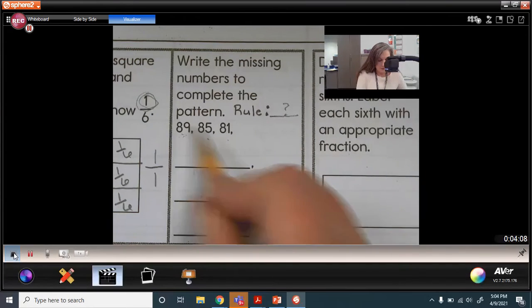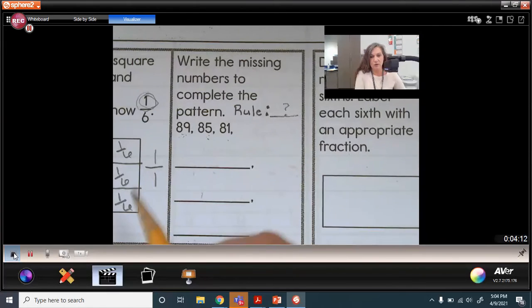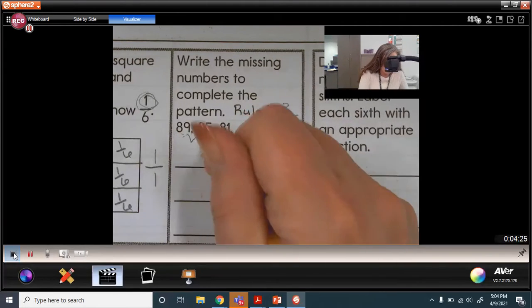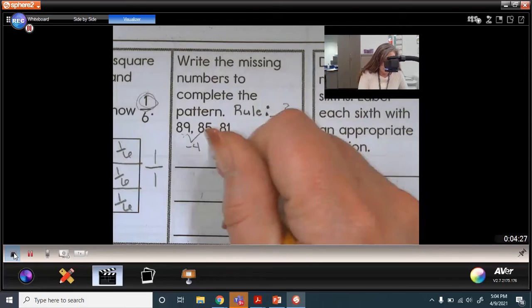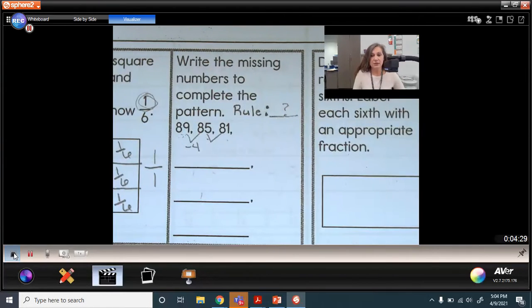89 to 85. Well, count backwards. What comes before 89? 88, 87, 86, 85. So we subtracted 4 from here. Now let's see if that happens in the next pair of numbers.